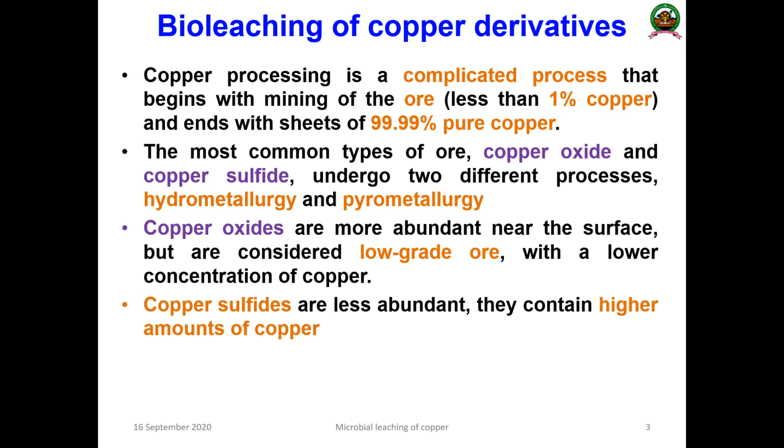But in the case of copper sulfide, these are less abundant, but they contain a high concentration of copper. That is why we use copper sulfides as the ore of copper for bioleaching.